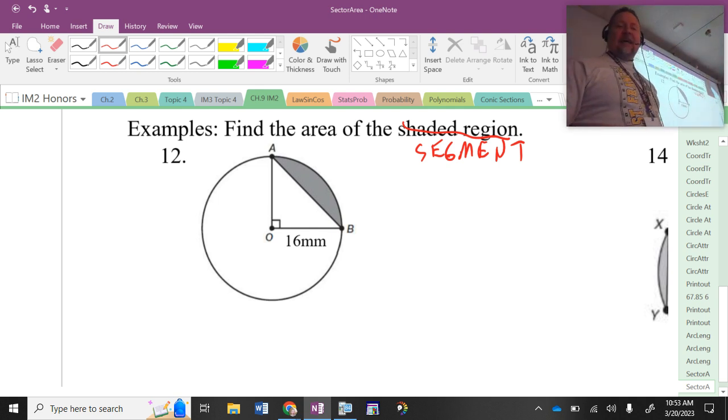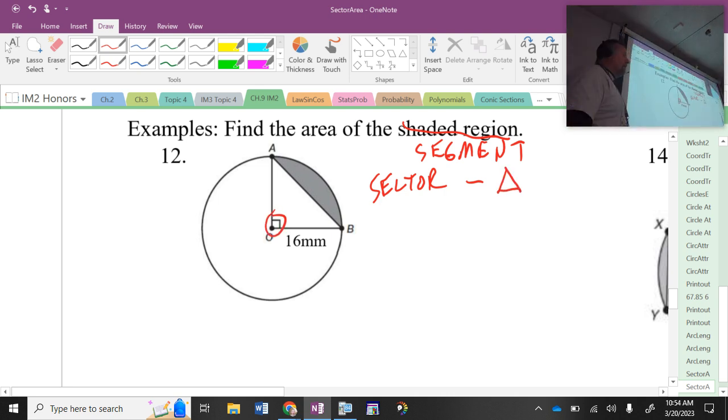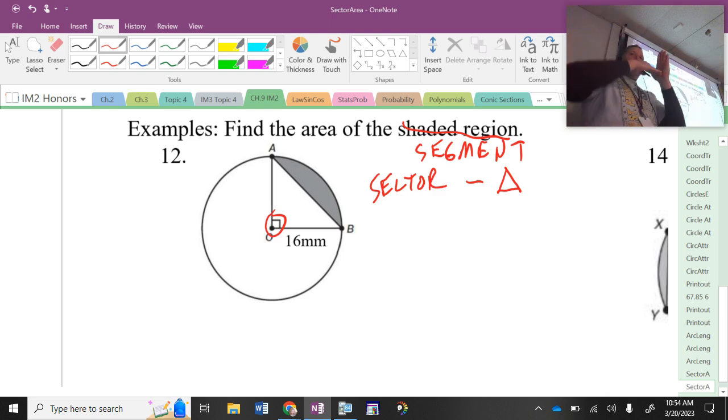Okay, so I just said it's sector minus triangle. Now, luckily, that's 90 degrees there. So for the triangle, I have an easy area formula, half base times height. And when it's a 90-degree angle, I have the base and the height because it stands straight up and down. So real lucky here.